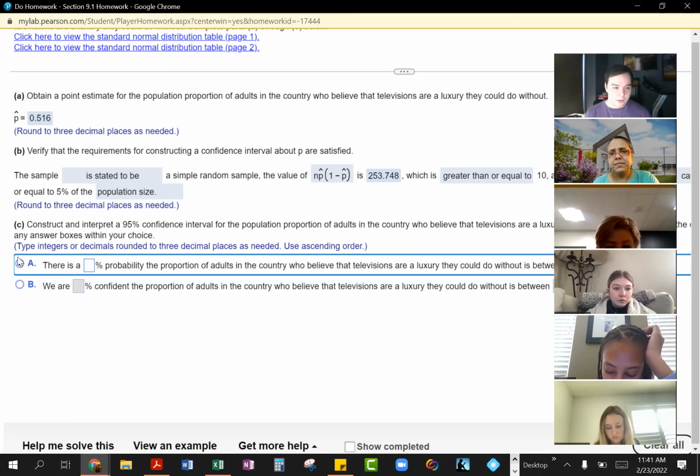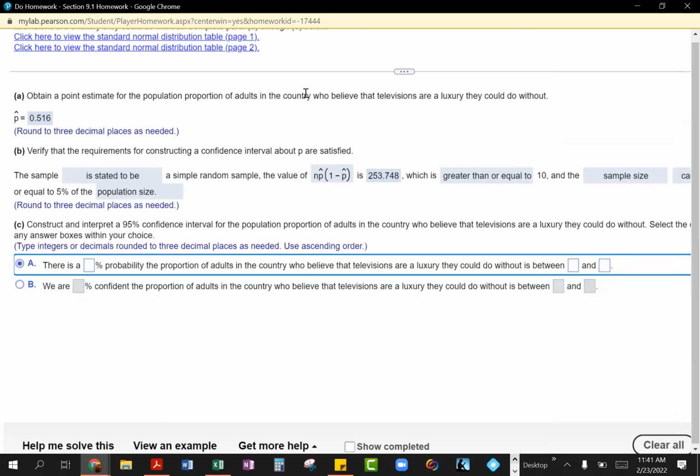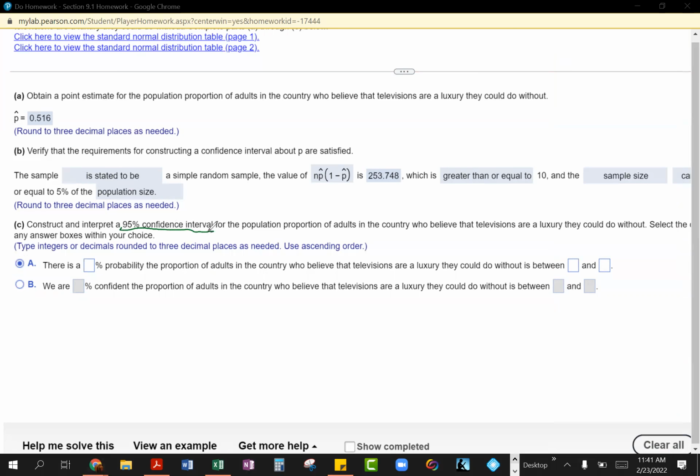Is it B in this case? Yeah, Cody, very nice. It is going to be B, right? Because we are calculating the confidence interval here, not the probability. So, they're trying to throw you off. So remember, this is a 95% confidence interval. So you are going with option B.